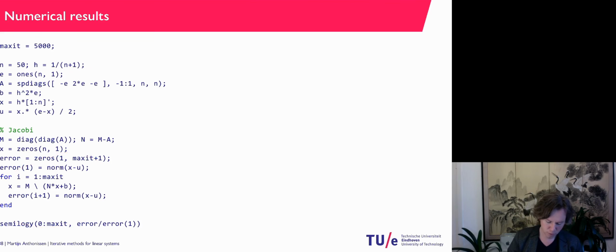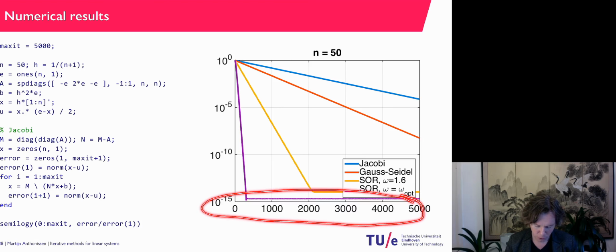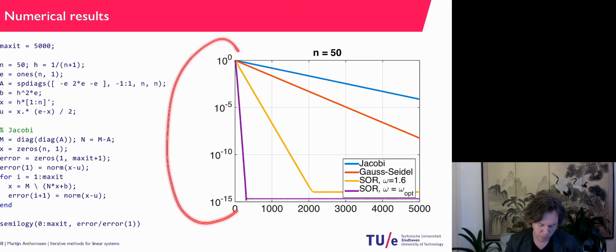So I've run the experiment with the number of grid points taken to be 50, which means that our matrix is going to be 50 by 50. On the horizontal axis is the number of iterations. On the vertical axis, on a logarithmic scale, we have the error.